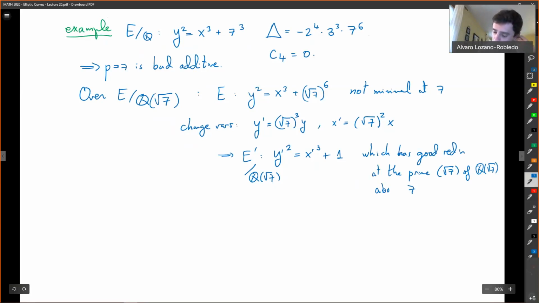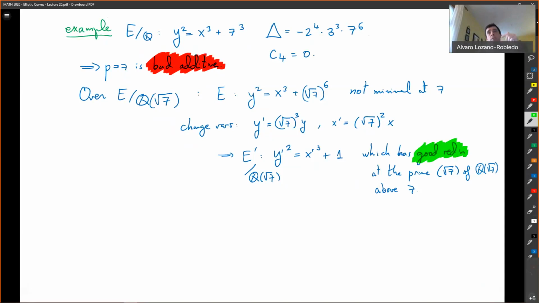Okay. So what happened is that I went from bad additive reduction to good reduction at the prime by going up in an extension.